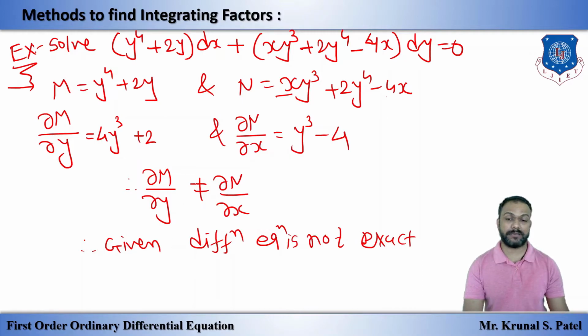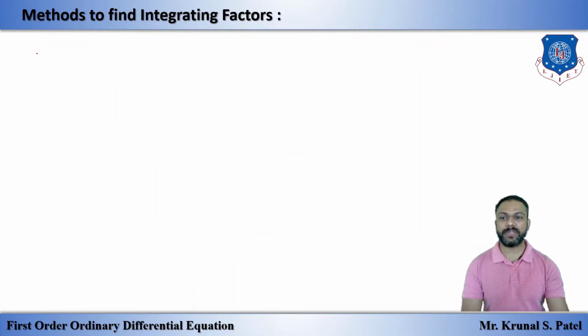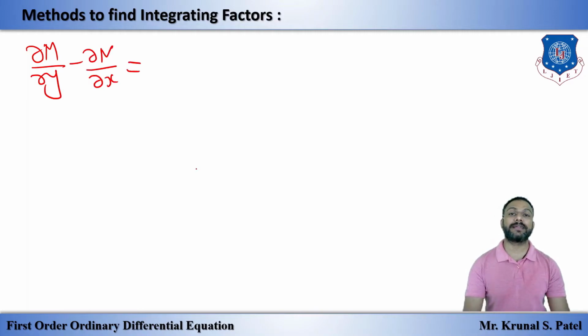Now we have to check that method number 1, method number 2 is possible, but it is not homogeneous, as well as it is not in the form of the xy and y dx type. Okay, so we will find the difference of these two terms. That means we will find del m by del y minus del n by del x, and then we will decide whether n or m is suitable for division.